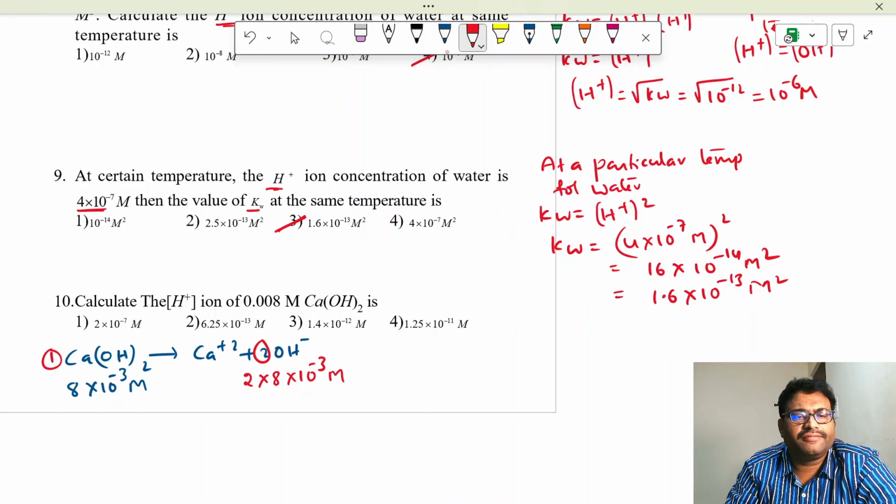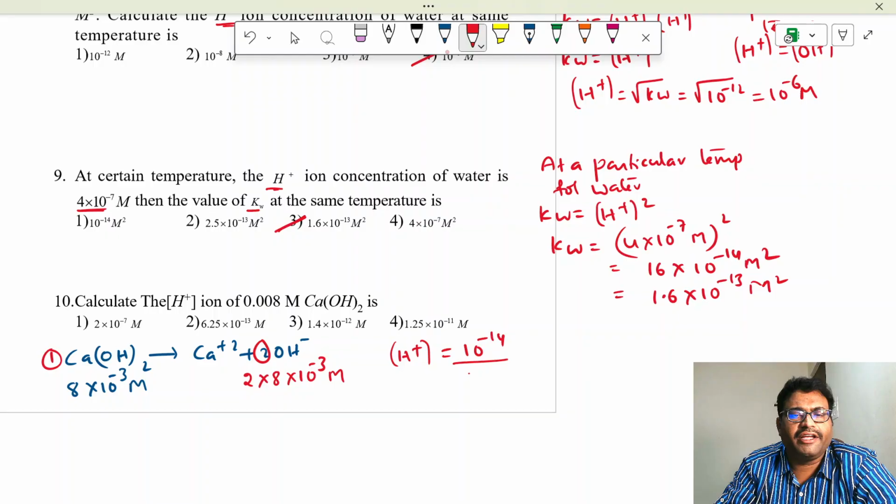Molar. Now we have OH minus, we want H plus. So we know that H plus ion concentration at a particular temperature is equal to 10 power minus 14 by OH minus ion concentration, which is 10 power minus 14 by 2 into 8, that is 16, 16 into 10 power minus 3.